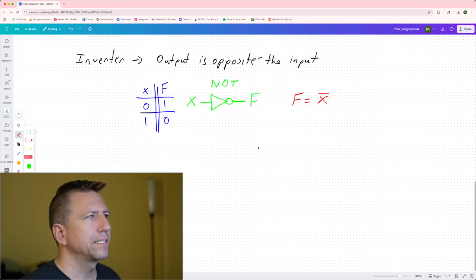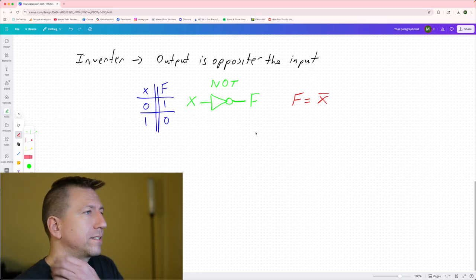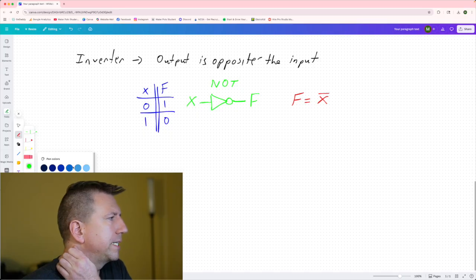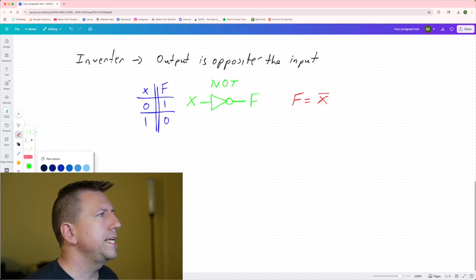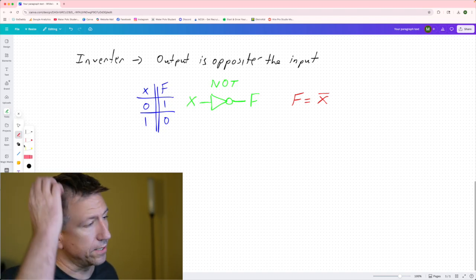So F is not X. It's the opposite of X as you read that. Great. So those are our three basic AOI gates and their truth tables, their logic expressions, and their gate diagrams.